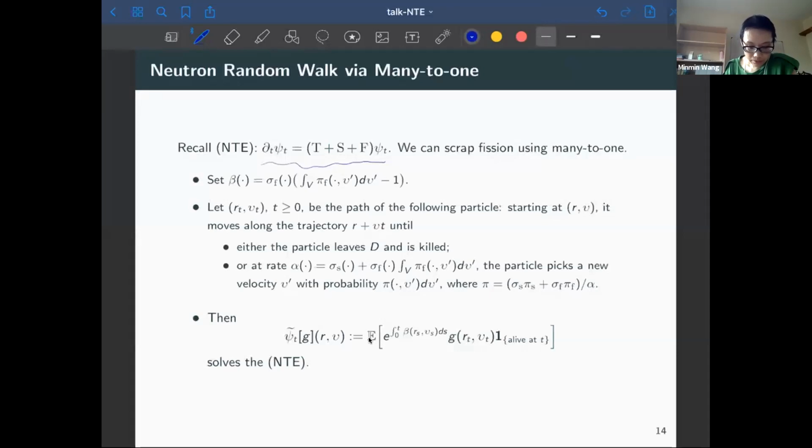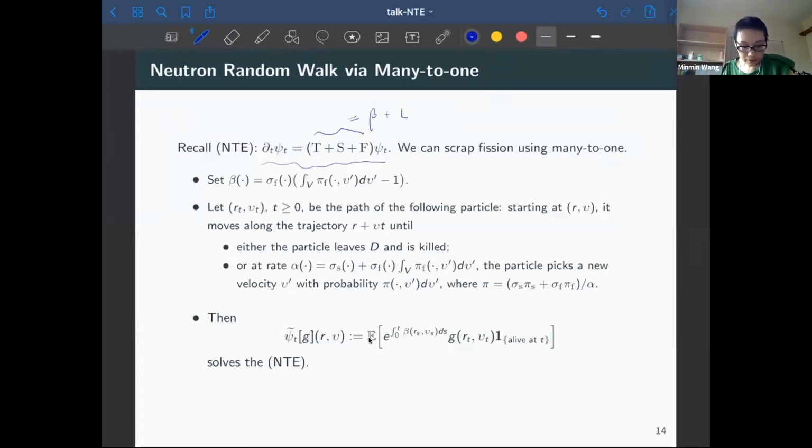Here, what we want to do is rearrange these three terms into two groups. The first is a branching term, and the second, the rest, will correspond to some motion.